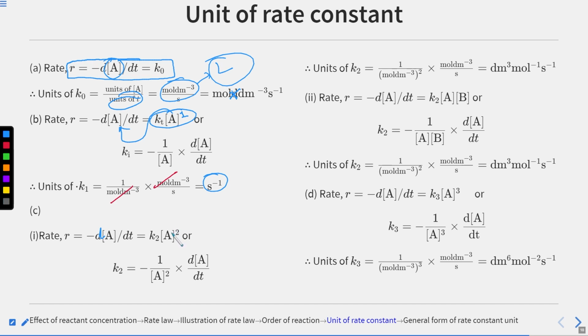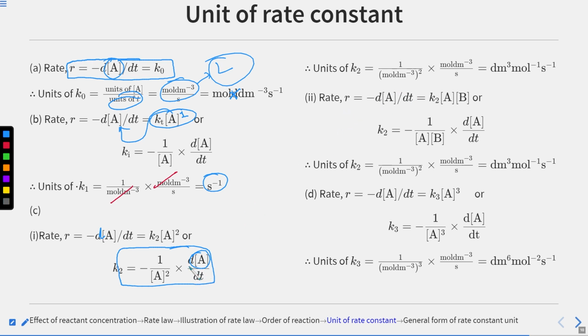Next, K2 is equal to minus 1 by A square into dA by dt. Now what is the unit of this A square? It would be mole per decimeter cube raised to the power 2. Why am I directly writing the concentration of A unit as mole per decimeter cube?